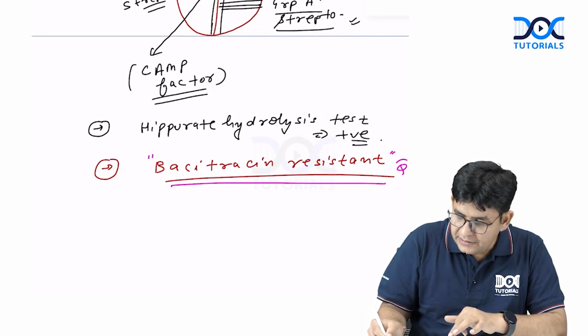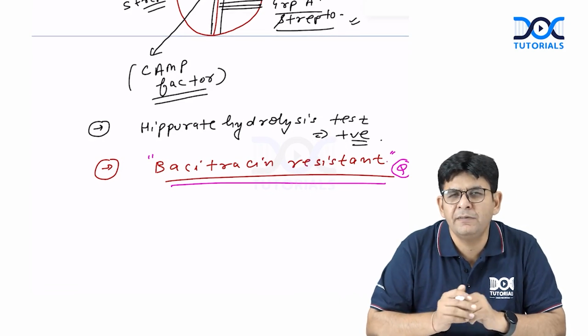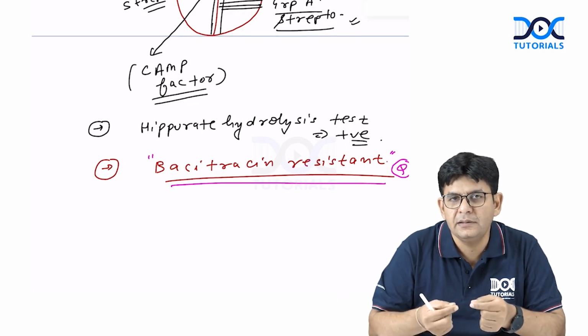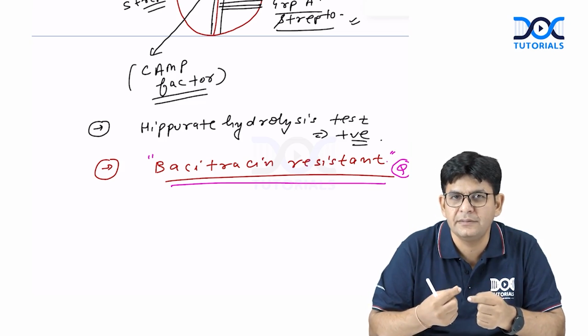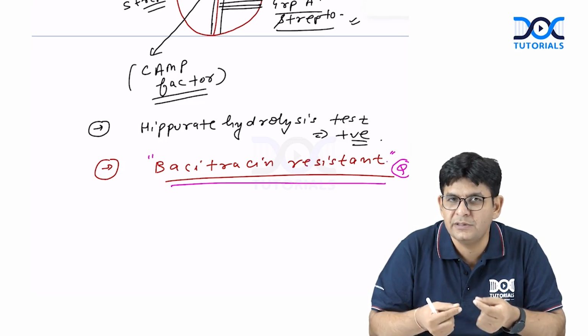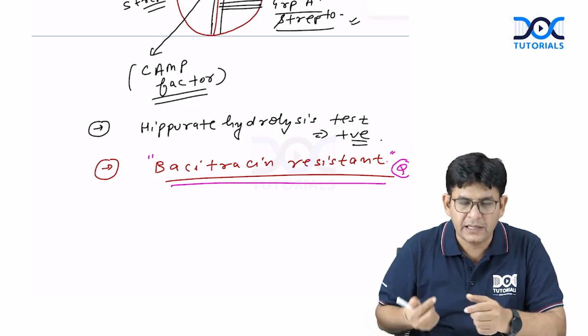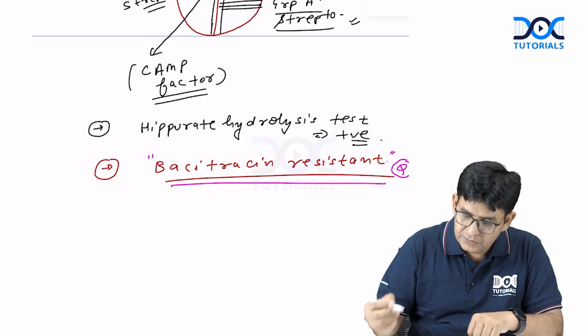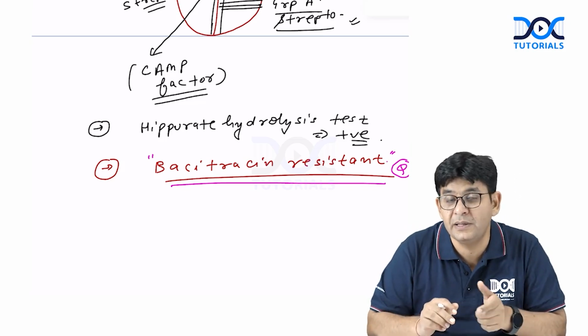This question was asked in NEET PG, where they gave a case scenario of meningitis, and in the second last line it was showing that it is found to be bacitracin resistant. It's a gram-positive cocci. Name the organism. The organism is Streptococcus agalactiae. Is it fine, guys? So remember, this is the importance of knowing these particular tests.